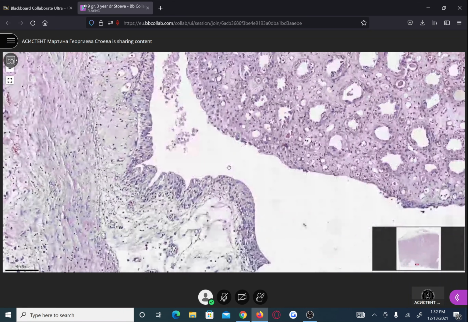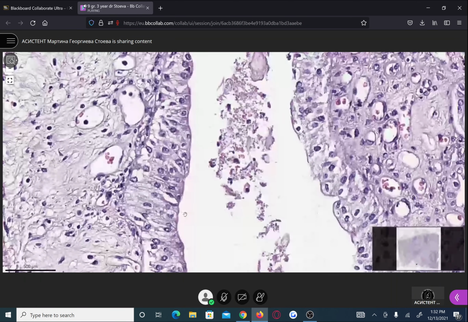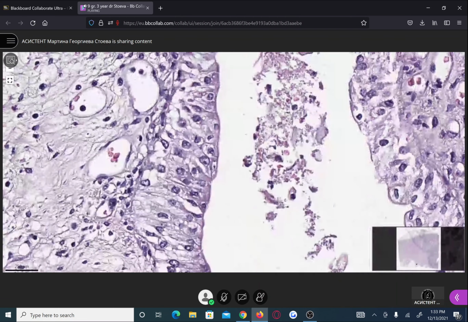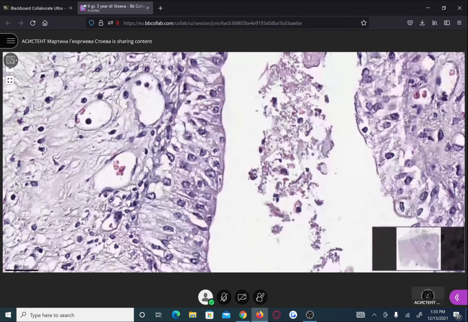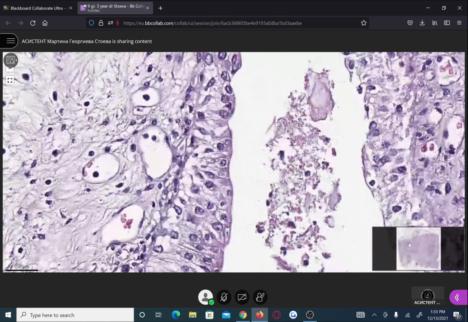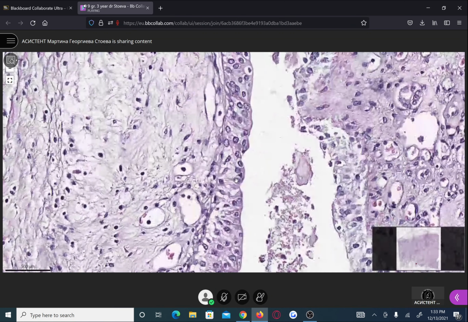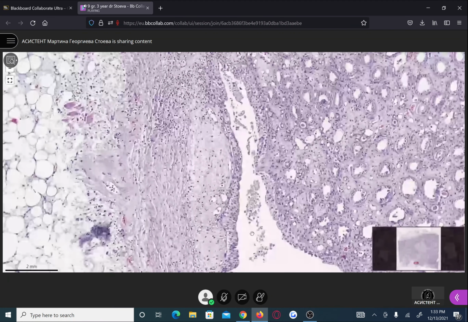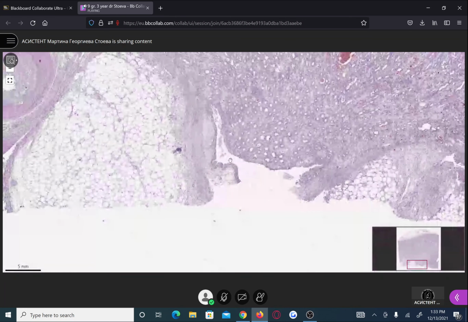And when we have a closer look at it, we can find that it has an epithelial lining. This is urothelium or transitional cell epithelium. So we can say that this lumen is from a calyx.